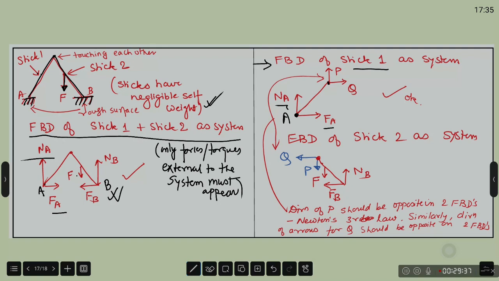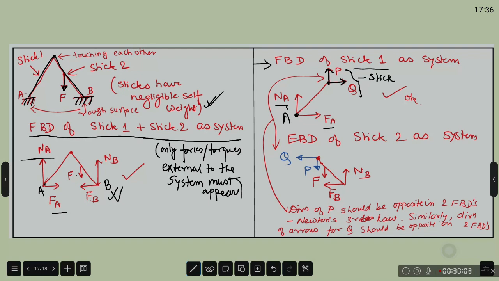And that is what I am showing, two components of force P and Q. These are the forces that stick 2 exerts on stick 1. In general, two components, P and Q.